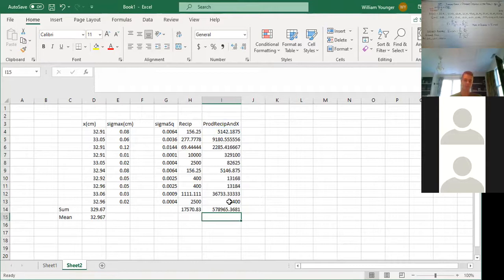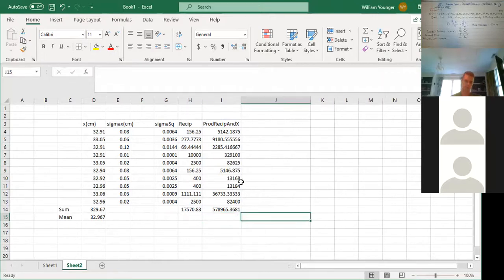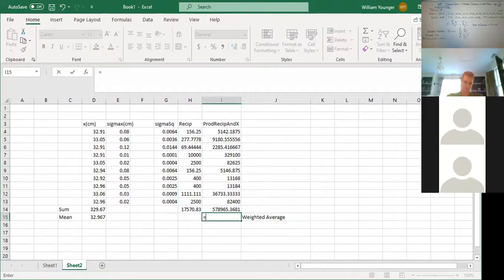Okay, and now I will take the weighted mean. I'll write it like this. So this weighted average is going to equal this number divided by this number.